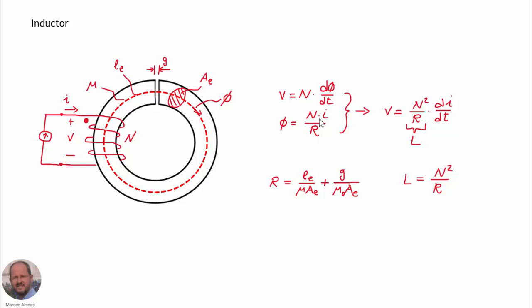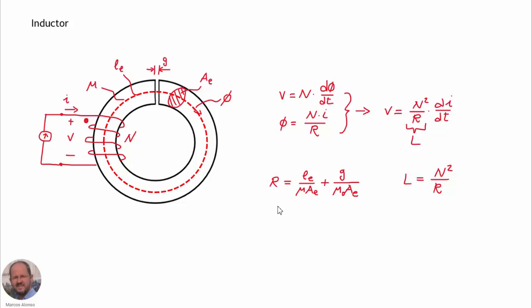The number of turns times the current is also known as the magnetomotive force. So from here we can also obtain this equation. The voltage is going to be the number of turns squared divided by the reluctance times the derivative of the current in time. And this parameter here is what we call the inductance of our inductor.